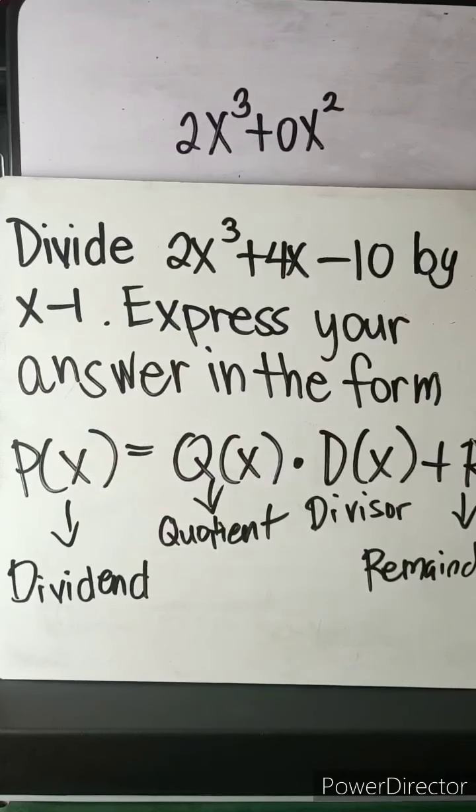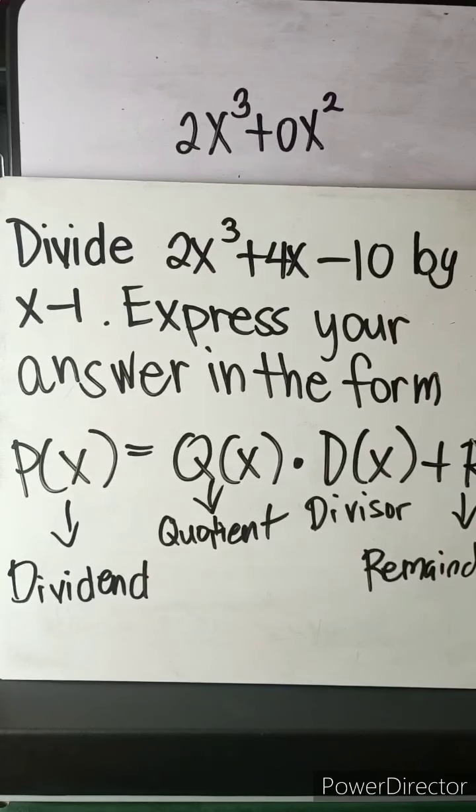So, mas maganda po or para mas maintindihan natin ay kumpletuhin po natin yung degree ng ating dividend. If in case na ang dividend natin is raised to 5 ang pinakamataas, which is 5, kailangan may 4th degree tayo, 3rd degree, 2nd degree, 1st degree.